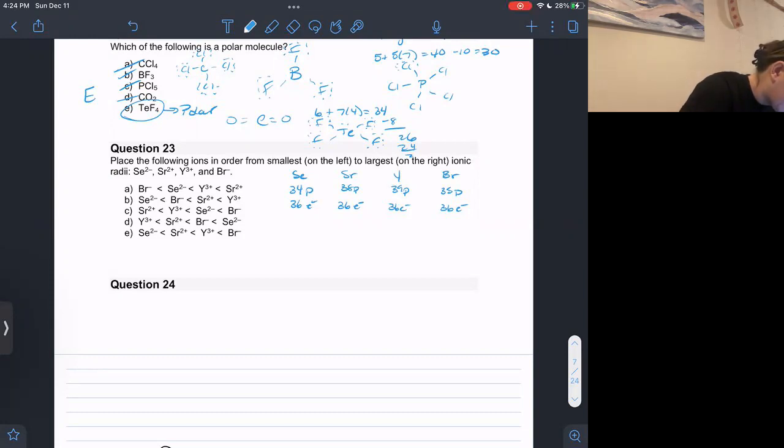So selenium should be the biggest because that has the highest anionic charge. And then yttrium should be the smallest because the more cationic, the smaller the radii we're going to get. So if I put Y and then Sr and then Br and then Se, that looks like D. Okay, I'm happy with D.